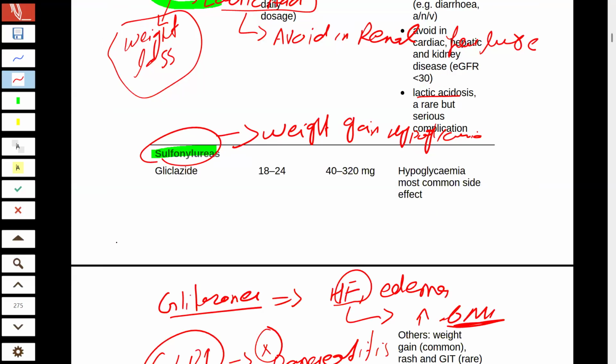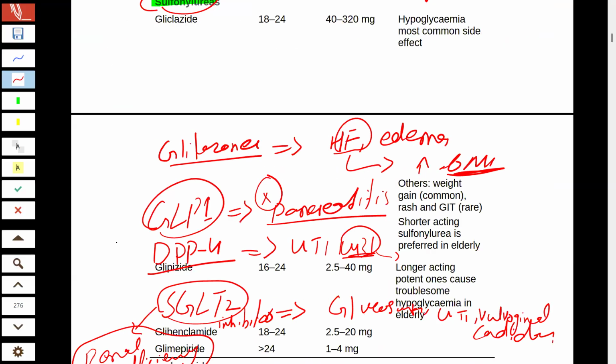So according to comorbidities, you will add then glitazones. Glitazones will lead to heart failure and edema. So if the patient already has heart failure, avoid glitazones in these patients.